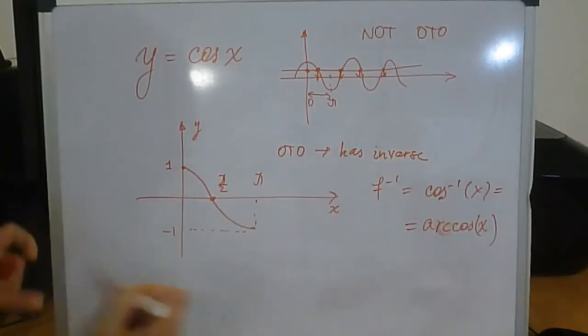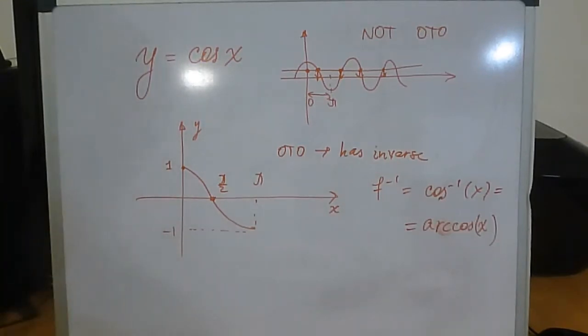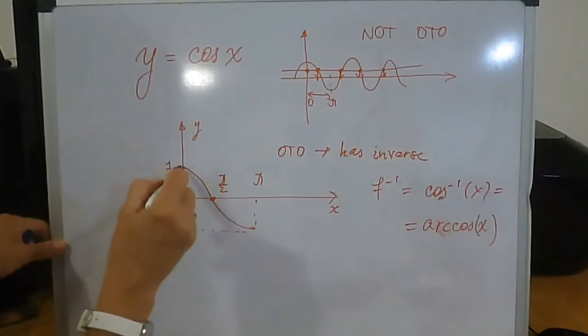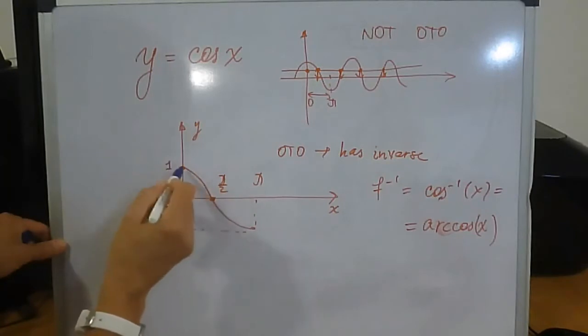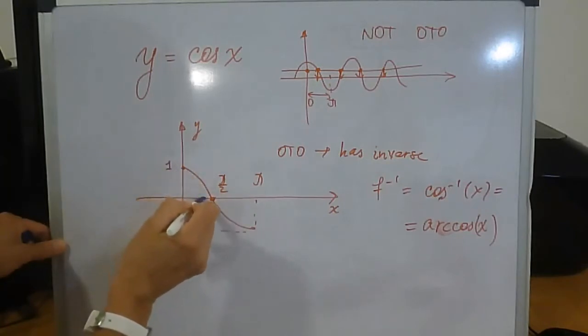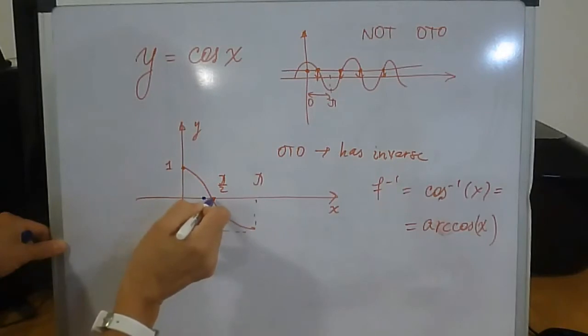Okay, how is this cosine inverse going to look on the graph? Well, we remember that inverse function is exchanging x and y. So, for example, for the point over here, we do have a 0 for x and 1 for y. Now the inverse point is going to be 1 for x and 0 for y. Somewhere here. This one is y equals 0, x equals pi over 2.